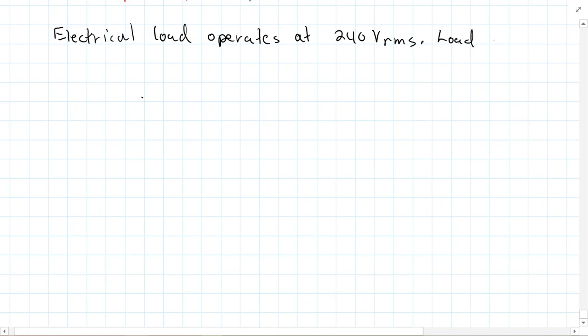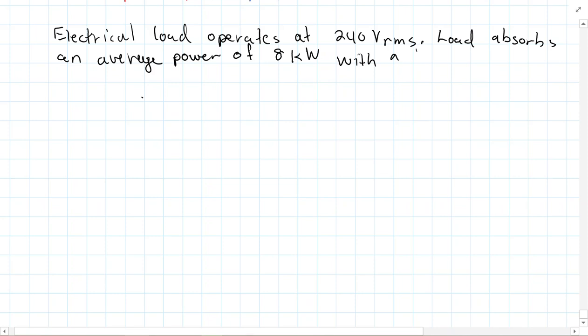The load absorbs an average power of 8 kilowatts, with a lagging power factor of 0.8.